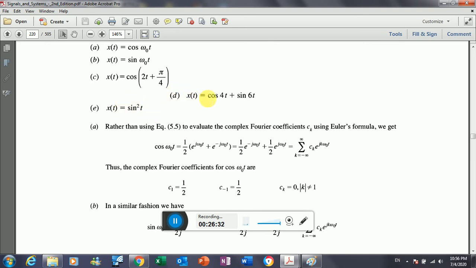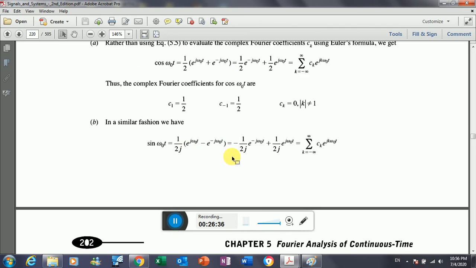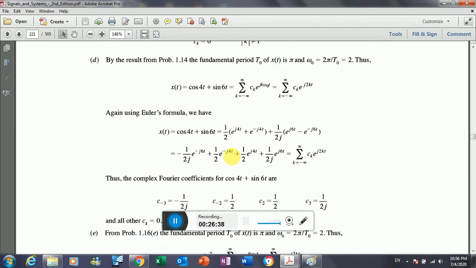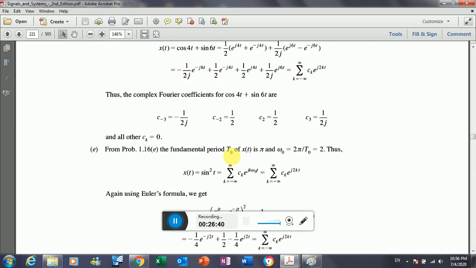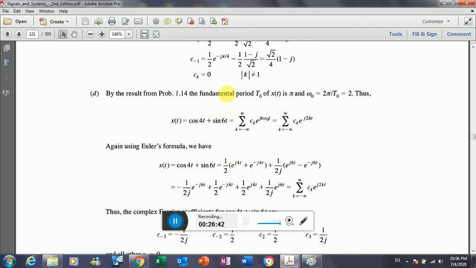Two more examples are left. You can do it yourself. These are solved examples. This is a solved example. Just we have to find the fundamental period.